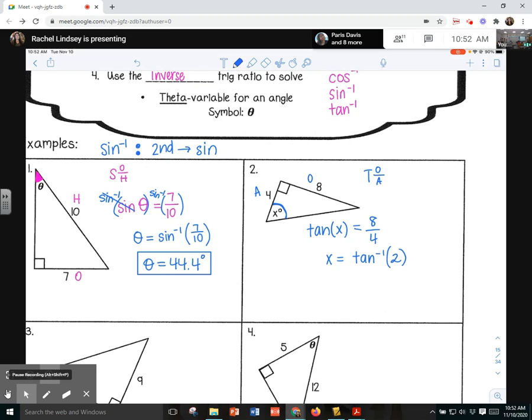So I could just put tangent inverse of 2 in the calculator. If you don't want to write the little tan inverse on both sides like I did on the first one, that's fine, if you can remember to do it. But you'll do tan inverse of 2, and what does that give you? 63.4 degrees.